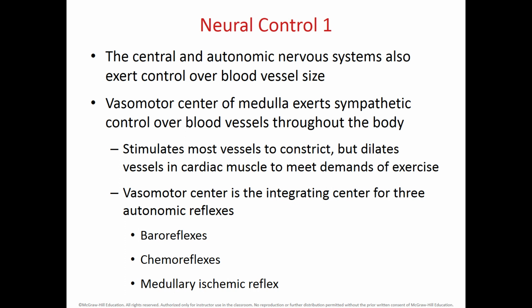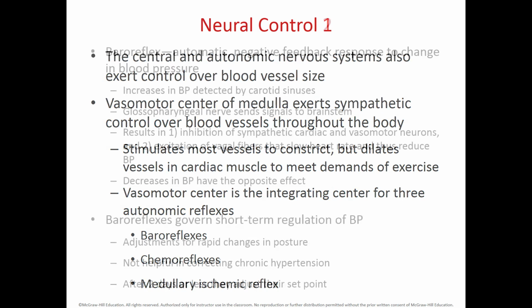So, depending on how much activity you have of the sympathetic system, is whether you will have vasodilation or vasoconstriction. Now, the parasympathetic system doesn't influence the diameter of our blood vessels, only the sympathetic system. Now, the sympathetic system works with reflexes: baroreflexes, chemoreflexes, and medullary ischemic reflexes.